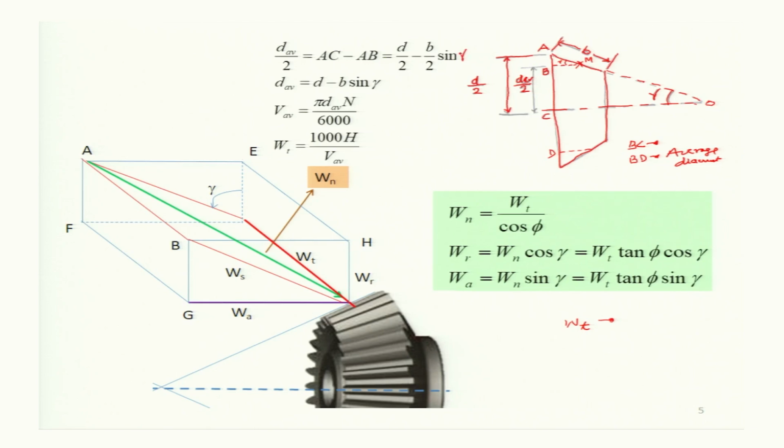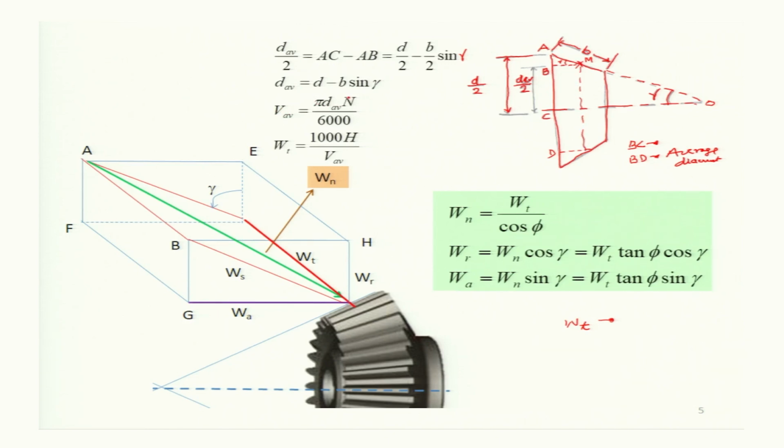So, D average divided by 2 is D divided by 2 minus B by 2 sine of the gamma, and so D average is the pitch circle diameter of the bevel gear, minus B, the face width, times sine of the pitch angle.